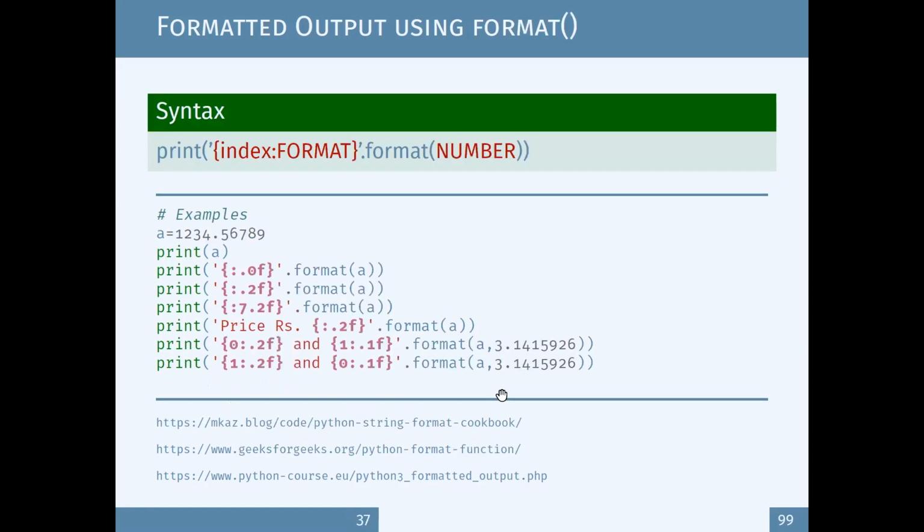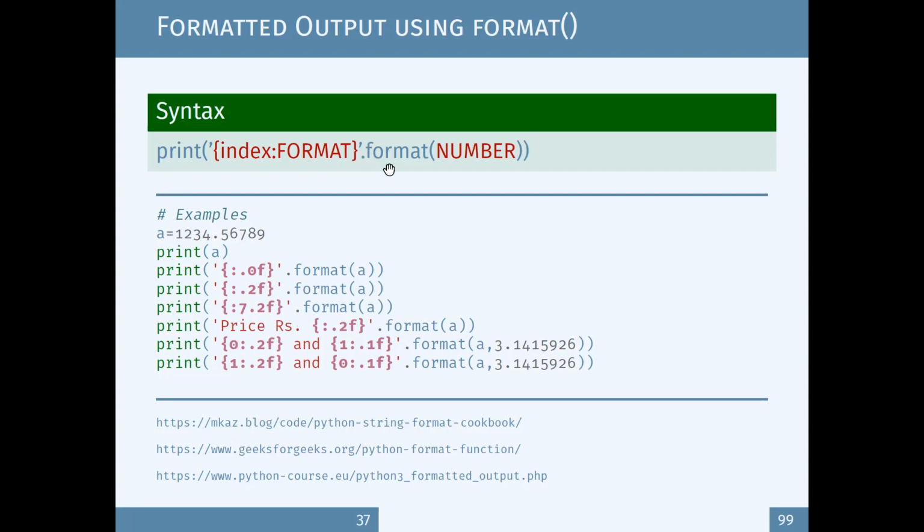Okay, the second one, the more recent one. In this format, it's similar to the previous, but we are using a function called the format function. We will have again a string representation, the format representation, and in this you can use curly brackets. If you want, you can specify some index together with the format.